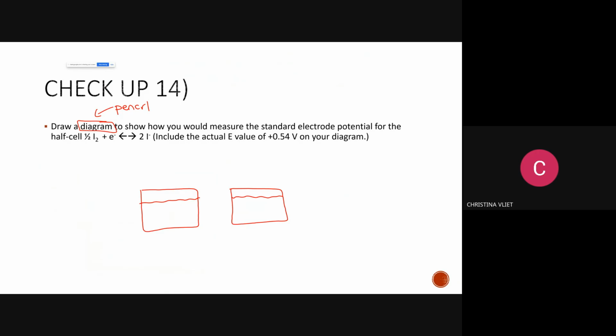Now, I'm going to choose a side to be iodine and a side to be the sheet. I'm going to do the left for iodine, and the right is the sheet. You have to know iodine's solid. So, what else do we need to include?